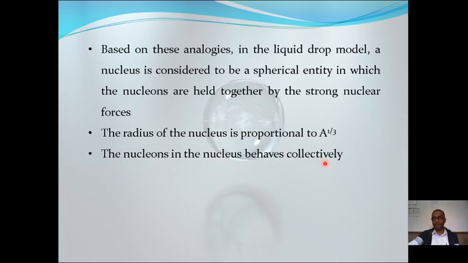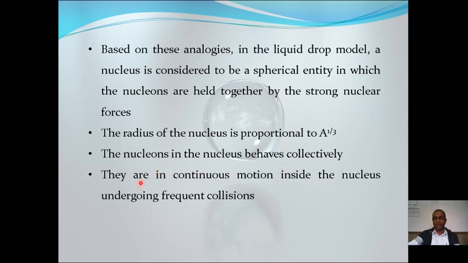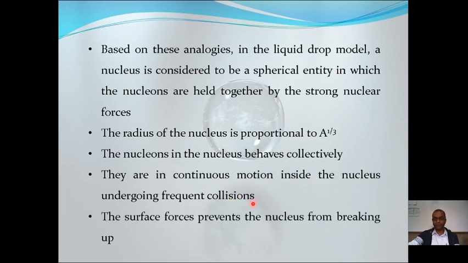In this model we don't consider the nucleons inside the nucleus to behave independently. We consider that all of them behave collectively. So the nucleus is a collective unit consisting of all the nucleons. The nucleons inside the nucleus are in continuous motion and undergo frequent collisions with one another. However, the surface forces prevent the nucleus from breaking up.